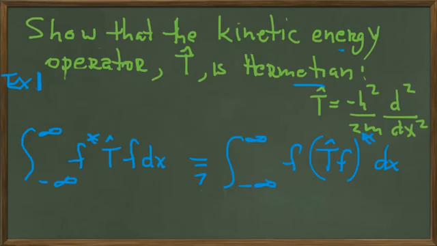So what we're going to need to do is verify that this integral on the left side equals this integral on the right side. Our approach is going to be to take the integral on the left side and turn it into the integral on the right side. We're just going to go in that one direction, but the process that we're going to do is reversible, so we don't have to go back the other way.